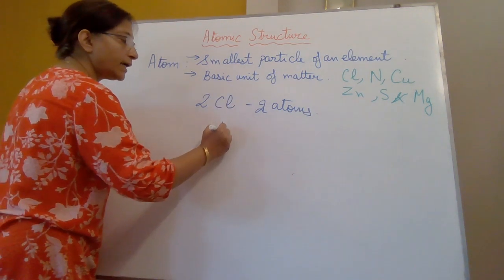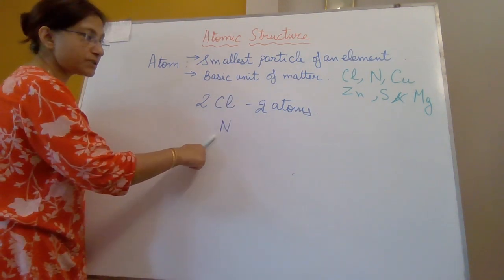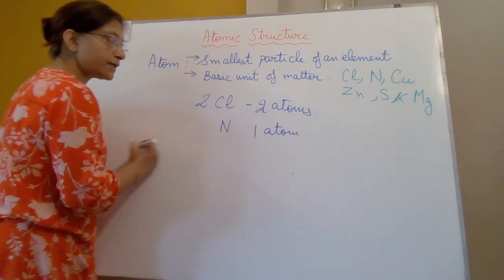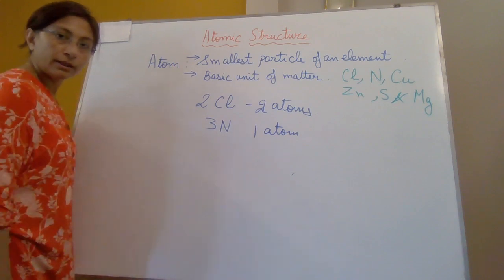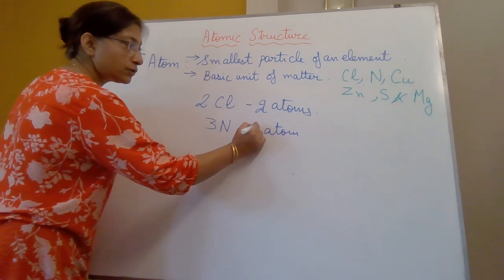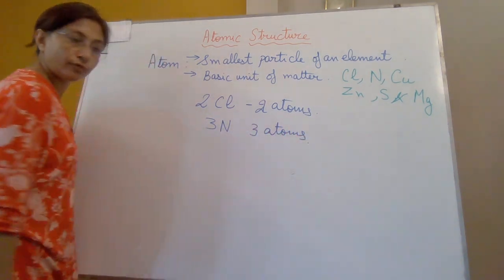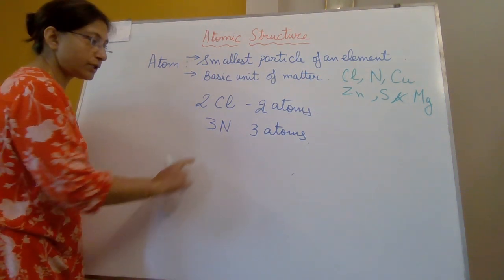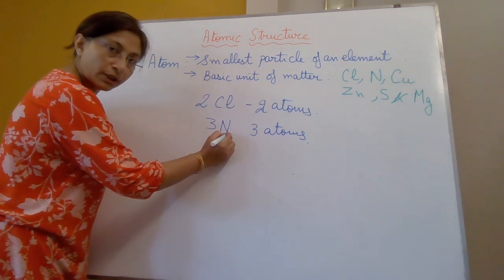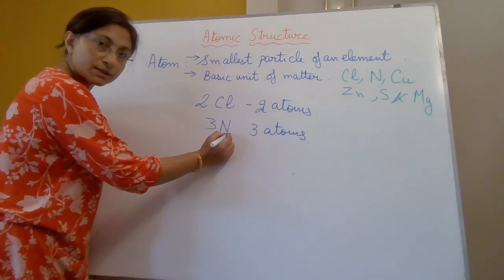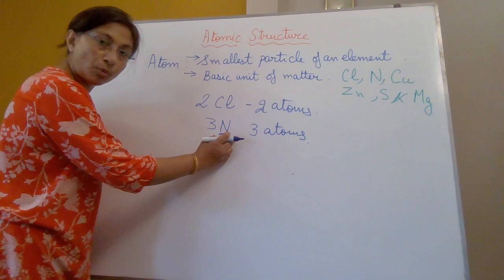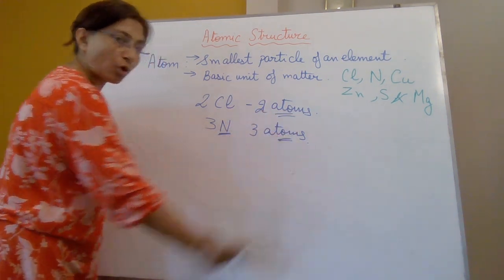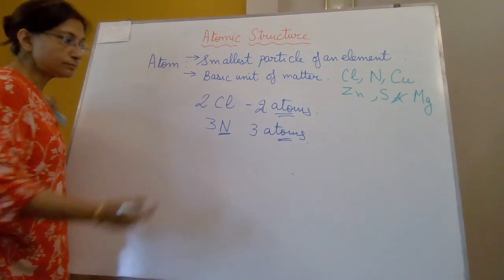Similarly, N is representing one atom, whereas if I write 3N, it means three atoms of nitrogen. The thing you need to remember is that this symbol not only tells us the name of the element, but is actually representing the number of atoms.